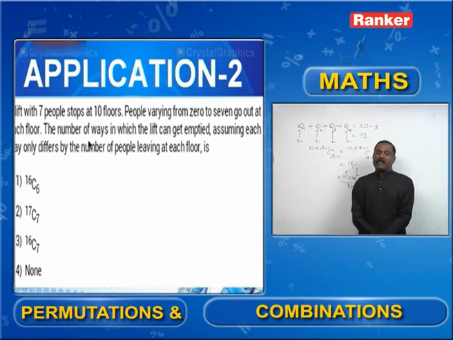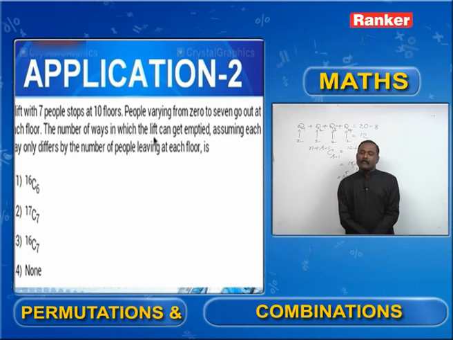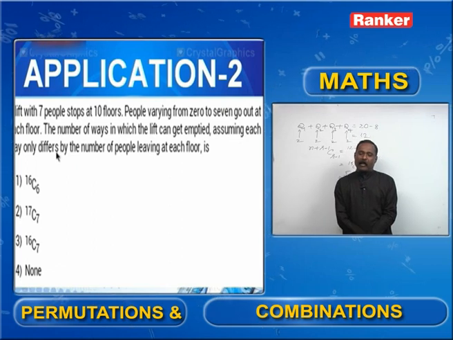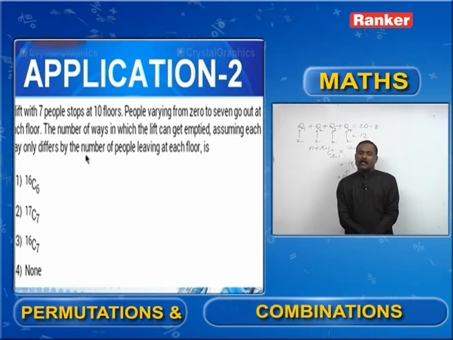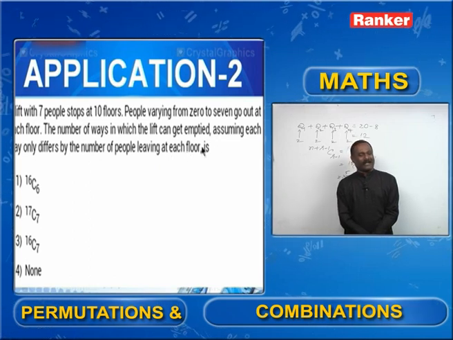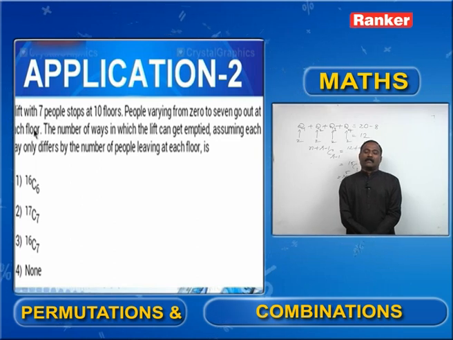The number of ways in which the lift can get emptied, assuming each way only differs in the number of people leaving at each floor. What does it mean? How many people are there? 7 people. How many floors? 10 floors.